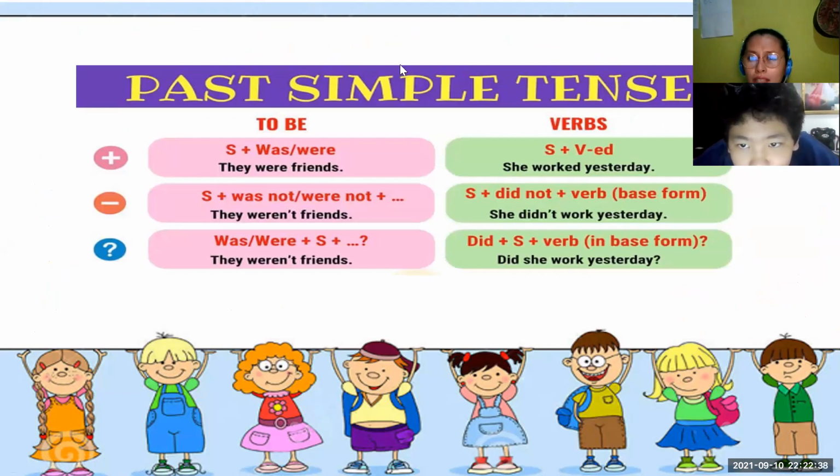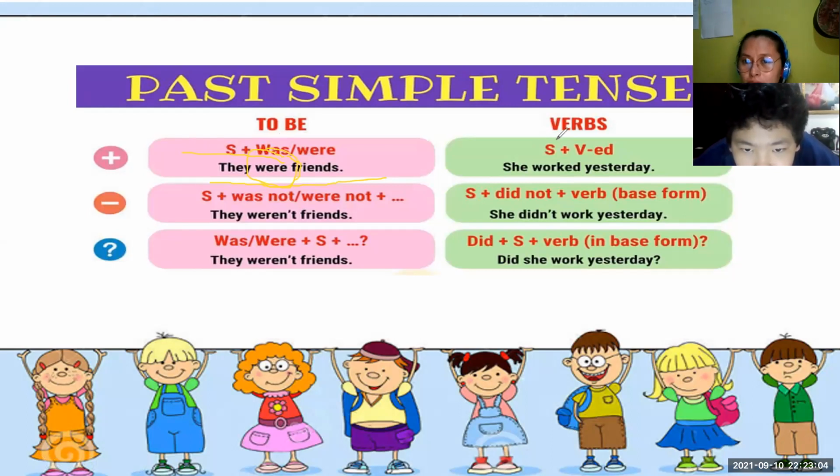Here, there are example sentences, as you can see. They were friends. The verb to be, were, is already in the past tense. So they were friends before, but not now.